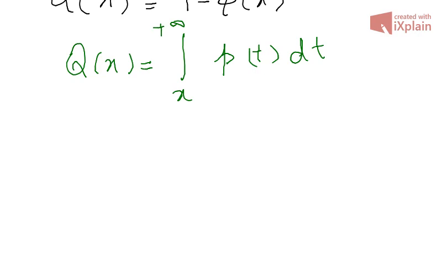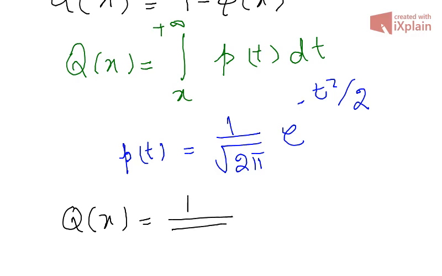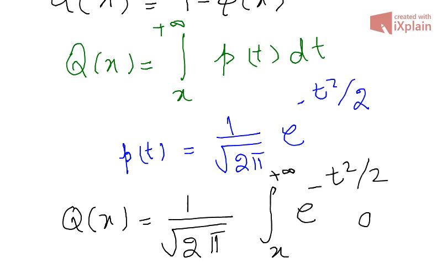The standard normal PDF is 1 over the square root of 2 pi, e raised to the power minus t squared over 2. If you substitute it, your Q(x) is equal to 1 over the square root of 2 pi, times the integral from x to infinity of e raised to the power minus t squared over 2 dt. So this is your Q(x).